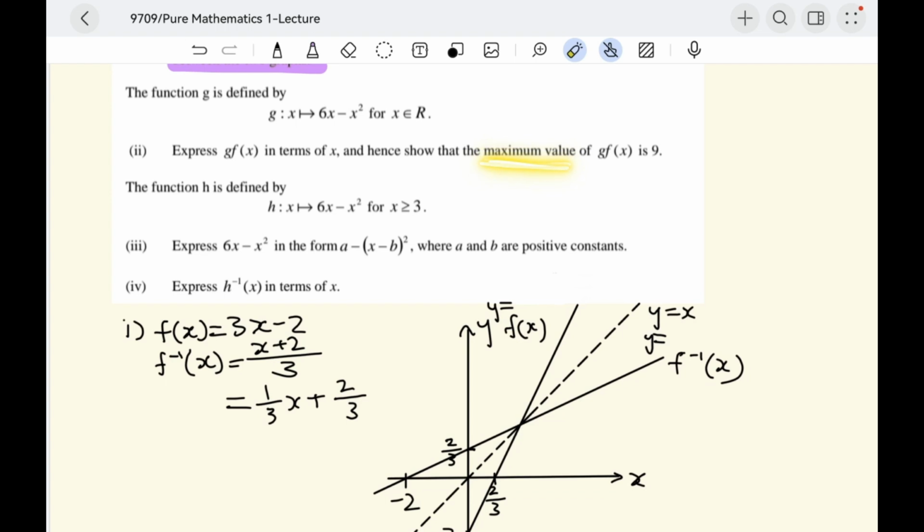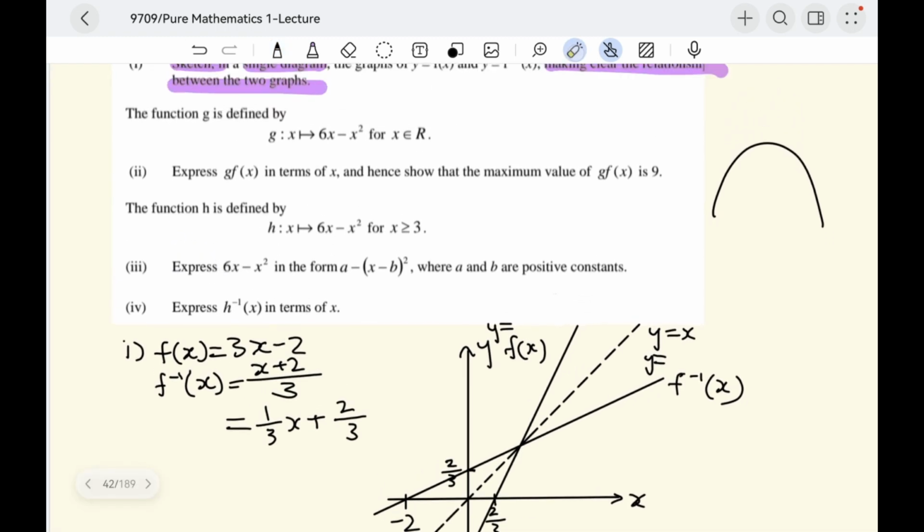The maximum value is the y coordinate of the turning point. So why does it mention maximum? It means that the coefficient of x squared is negative, meaning that its graph is a parabolic curve in the Cartesian plane.